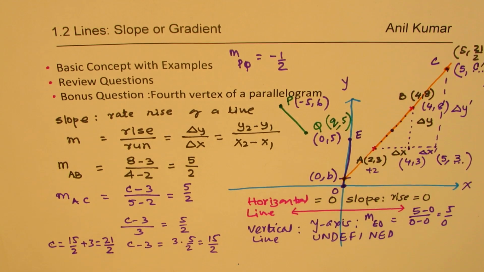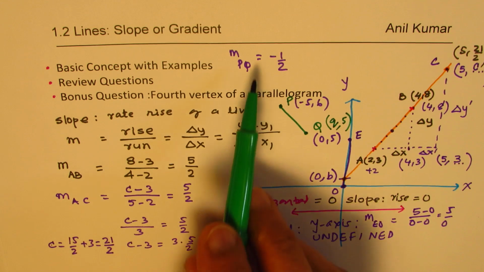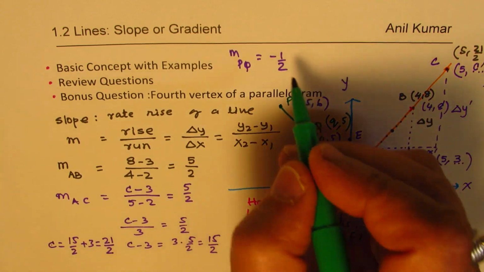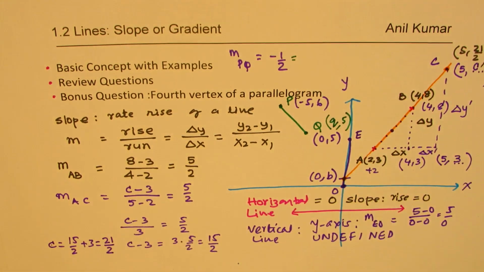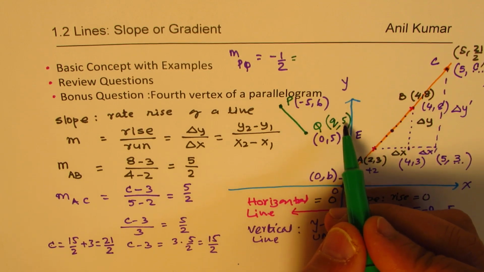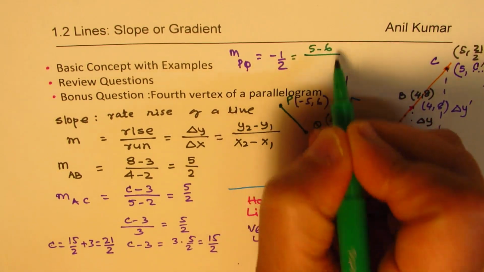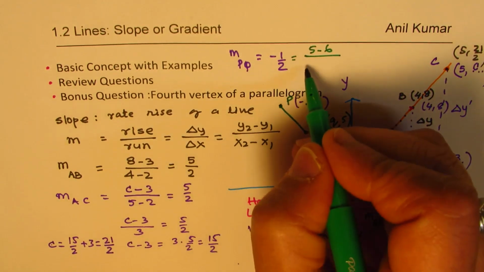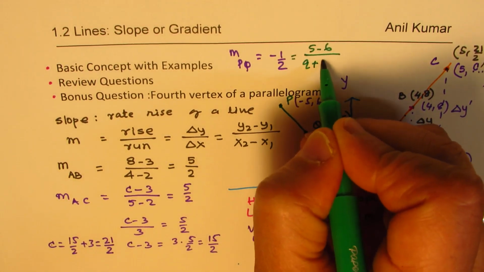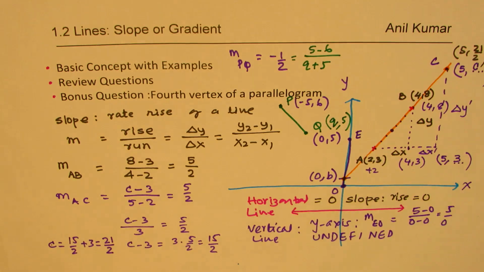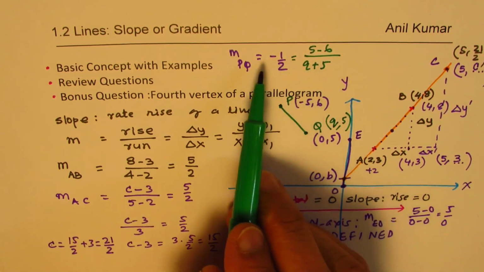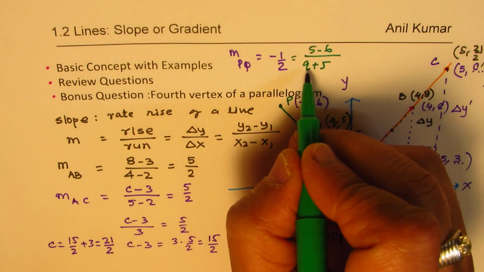Well, this could be another very interesting question, right? Since we know that the slope is negative half, and we also know the formula, we can say y2 minus y1, that is 5 minus 6 over q minus minus 5, that means q plus 5, should be equal to minus half. Now that equation should help us solve for q, right?